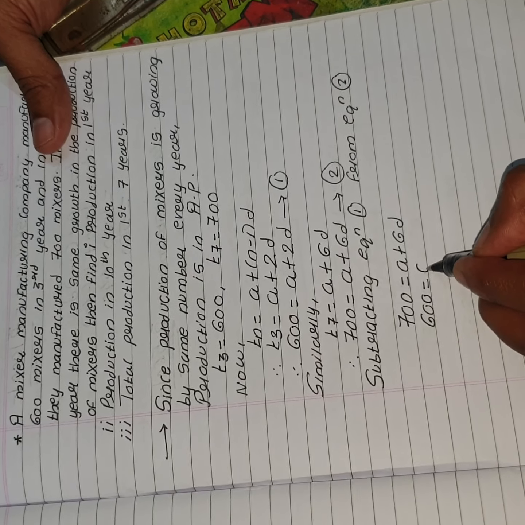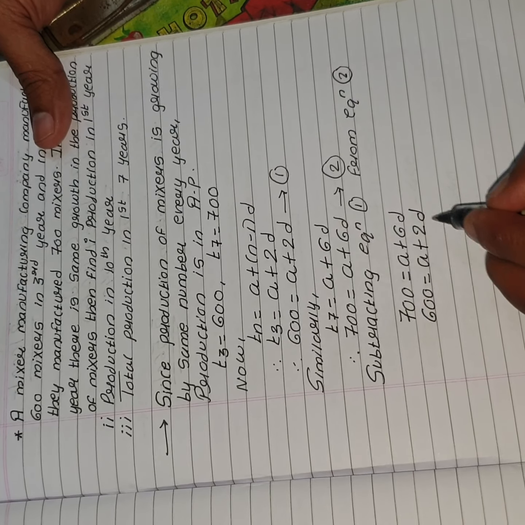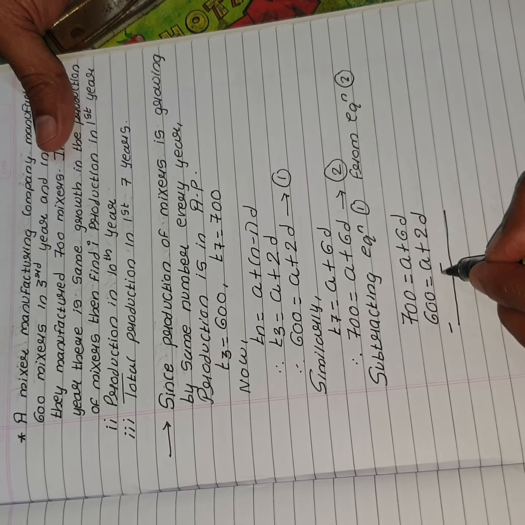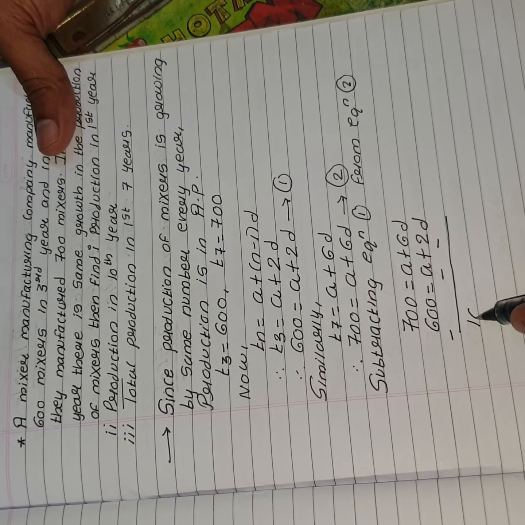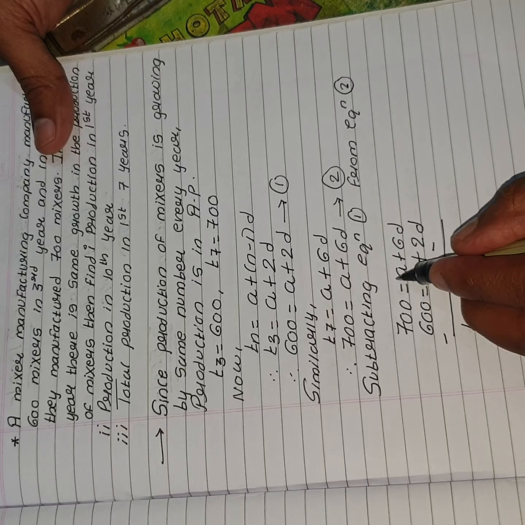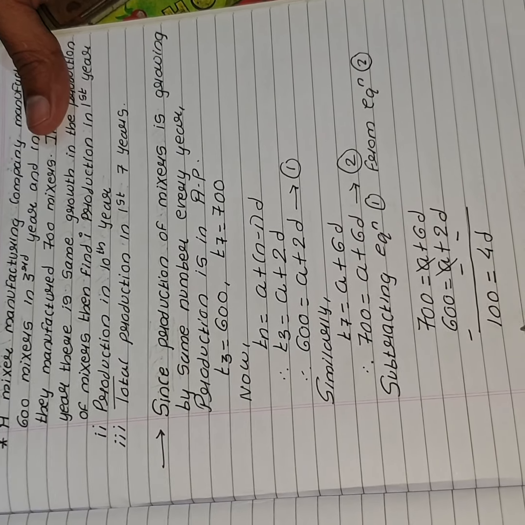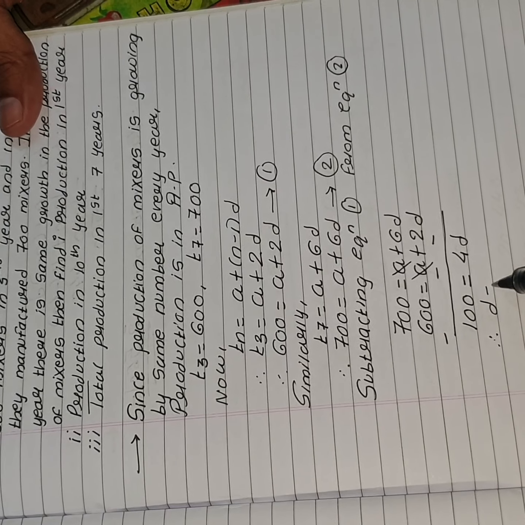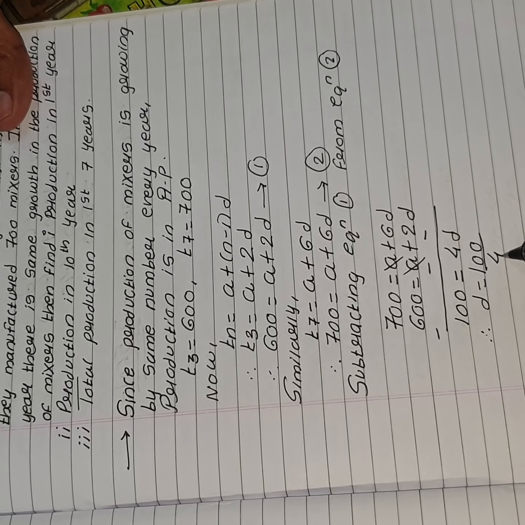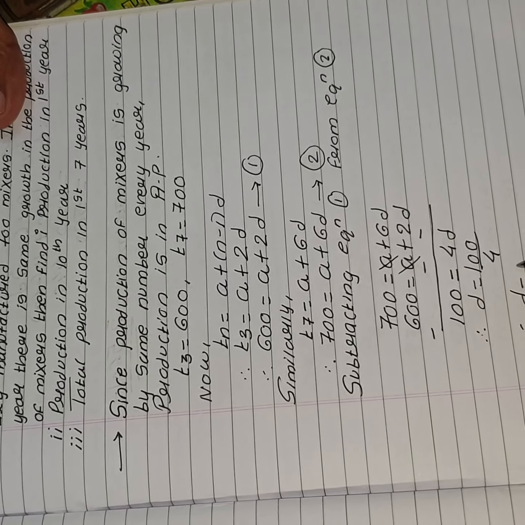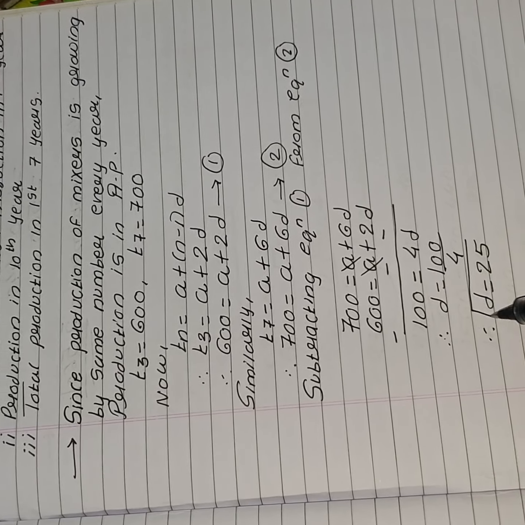Equation 1, 600 is equal to A plus 2D. Since we are subtracting, change the sign. 700 minus 600, 100. A minus A cancel. 6D minus 2D, 4D. Therefore D is equal to 100 upon 4. Therefore D is equal to 25.